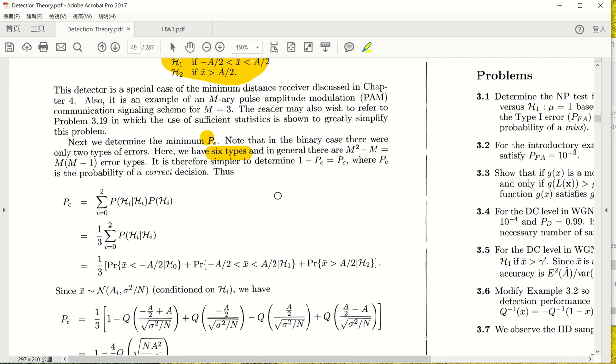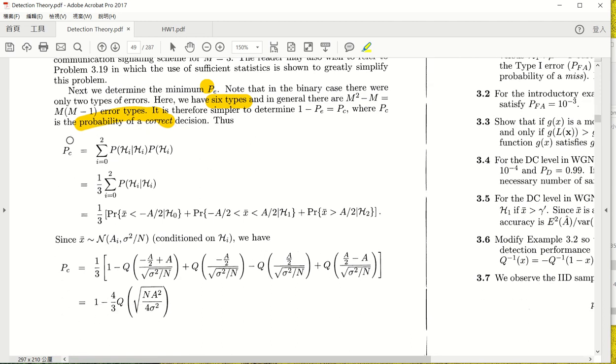So you have 6 types of errors, and to discuss errors is more complicated. Then how about we just discuss the probability of a correct decision? That seems to be easier, right? Therefore, the probability of correct decision is equal to the summation of P of Hi condition on Hi, you are making Hi, multiplied by P of Hi, I from 0 to 2, and then 1 over 3 P of Hi condition on Hi, because of equal priors.